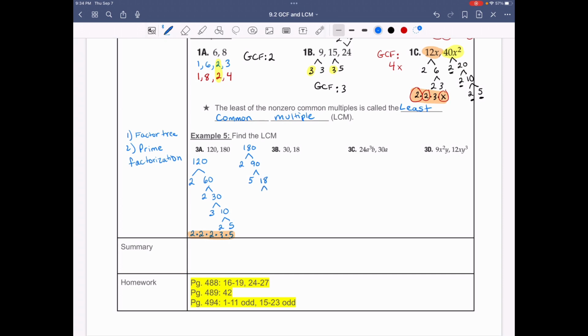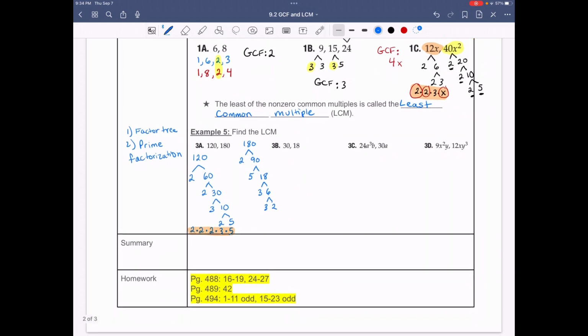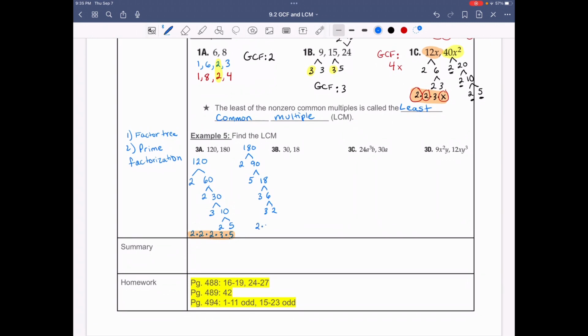And then I'll divide that by 3 and get 6. I'll divide that by 3 and get 2. So then I'm going to write the 2's first. 2 times 2. Then I'll write the 3's. 3 times 3 times 5. That is the prime factorization of 180.